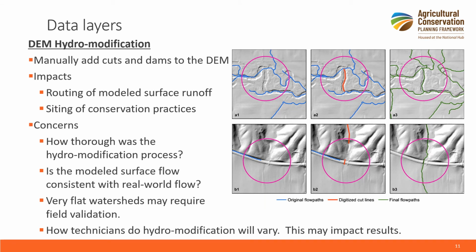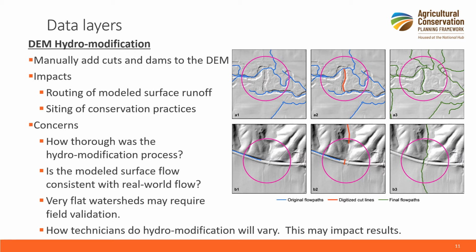The hydro modification process is one of the most demanding and important parts of the ACPF analysis. Because elevation data is collected with a LiDAR survey from above the land surface, raw DEM products cannot see or sense locations where the surface runoff may flow underneath something like a bridge or through a drainage culvert. Because of this, ACPF technicians must locate areas within the watershed that produce this digital dam or false impediment to surface flow and manually edit the DEM data in those locations to allow for an accurate flow path to be modeled on the landscape.